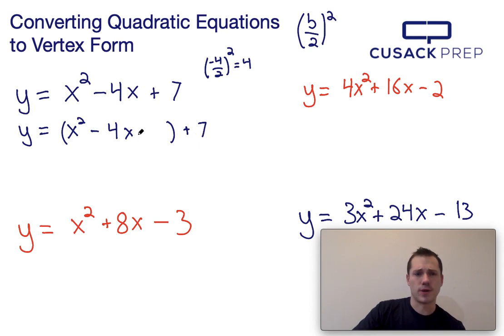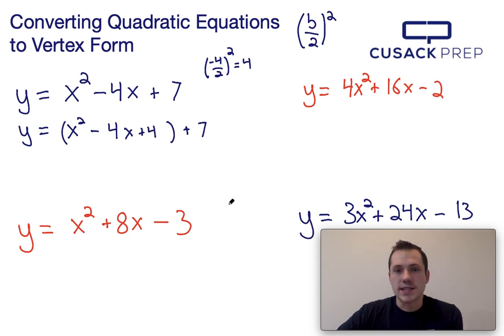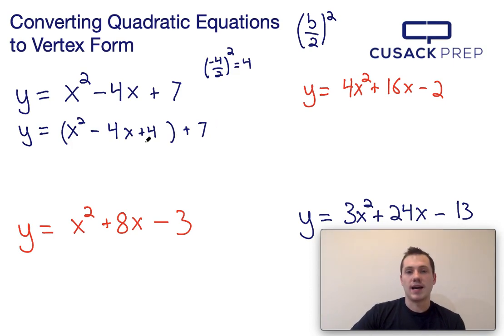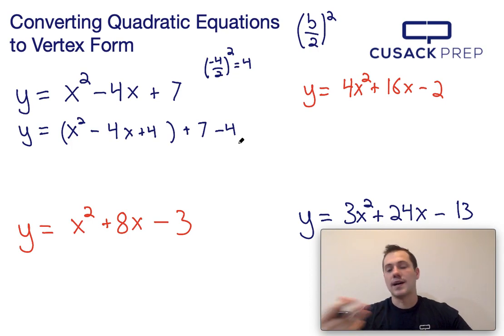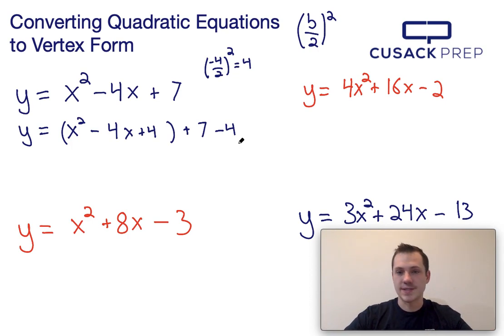Now, what do I do with that 4? I add it right here. The rule with equations is that if you do something on one side, you have to do it to the other. Rather than adding 4 to the left side, I'm going to subtract 4 from the right side. So I've effectively added nothing to that side of the equation. I added 4, I subtracted 4, there's no difference.